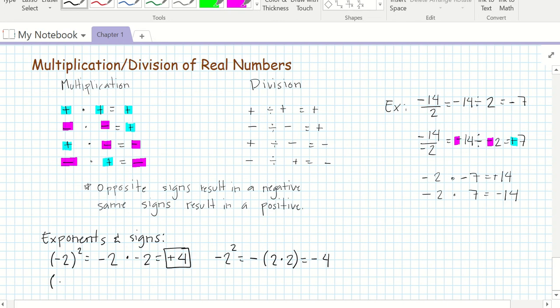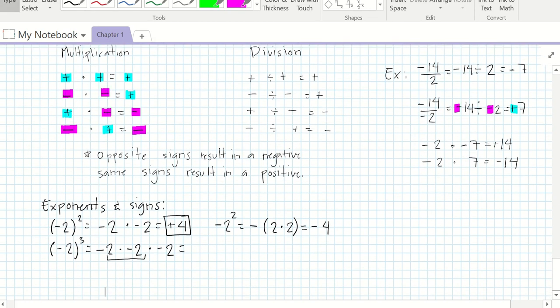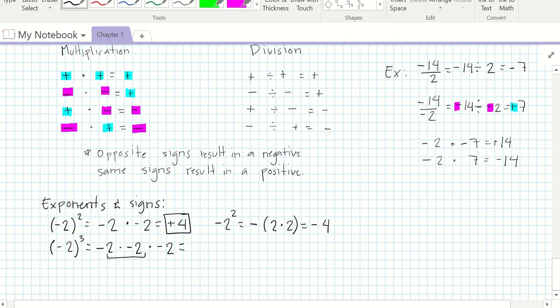Let's say we have negative 2 to the third power. Then this will be negative 2 times negative 2 times negative 2, right? Now we know that negative 2 times negative 2 will give us positive 4.